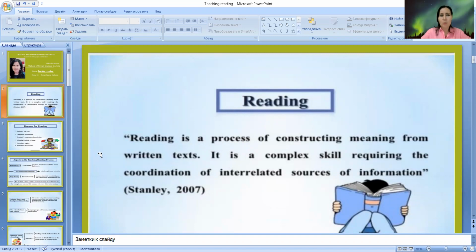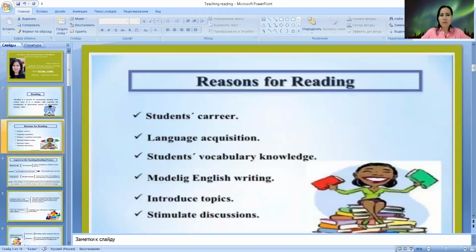Reading is the first skill of teaching methods. We should know reading, then writing, then speaking, and then listening. The reasons for reading: students' career, language acquisition, students' vocabulary knowledge, modeling English writing, introducing topics, and stimulating discussions.